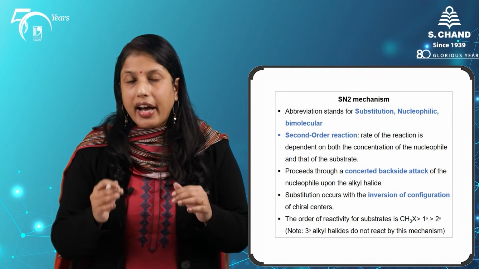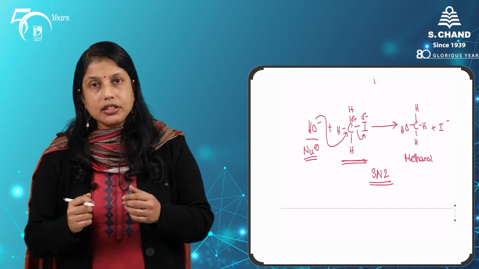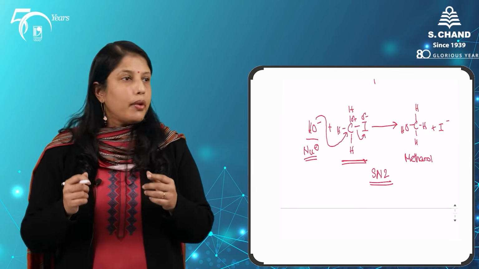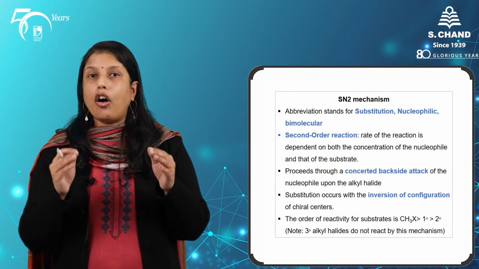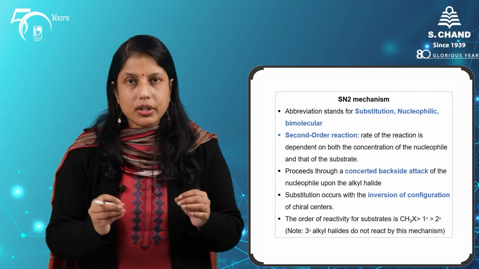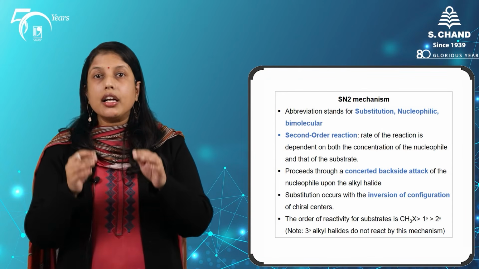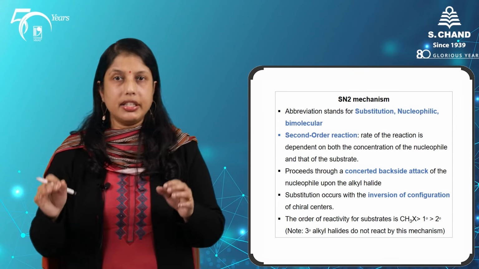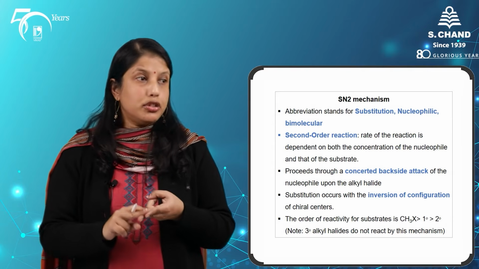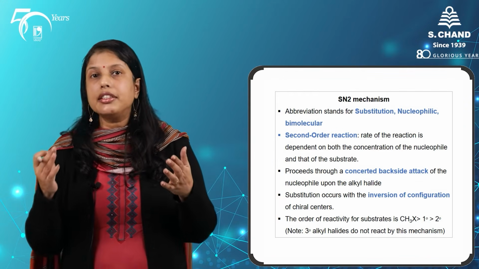Now, which factors are going to affect this SN2 mechanism? Well, first of all, the strength of the nucleophile. Obviously, the stronger the nucleophile, the faster it is going to react compared to a weaker nucleophile under the same conditions. Number 2, the better the leaving group, the faster our SN2 reaction is going to be.